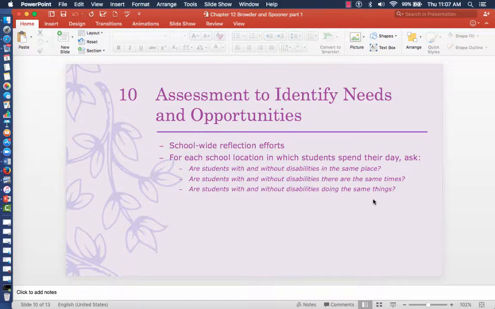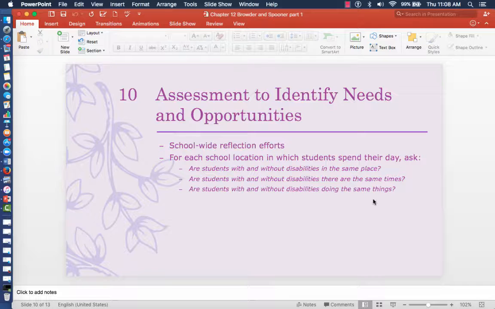So what are some things that we can do to identify needs and opportunities? They also go into this in the chapter. So we look at how we are reflecting as a school on how our students are functioning, especially those students with special needs. So in each school location where students spend their day, ask yourselves, when you're in that school, are students with and without disabilities in the same place?